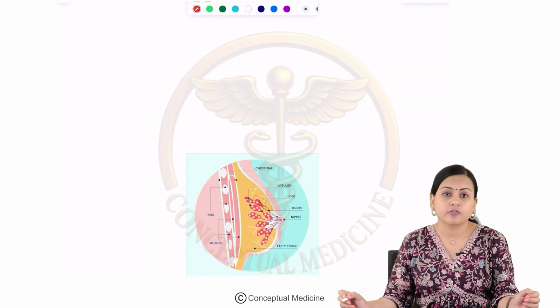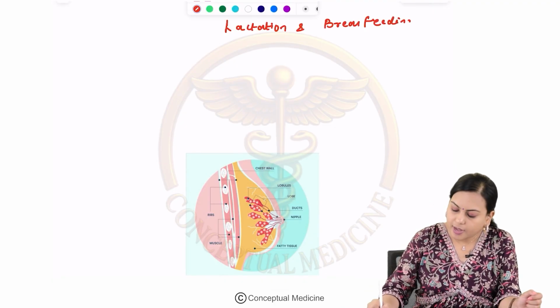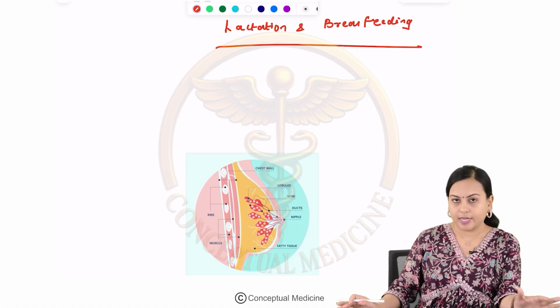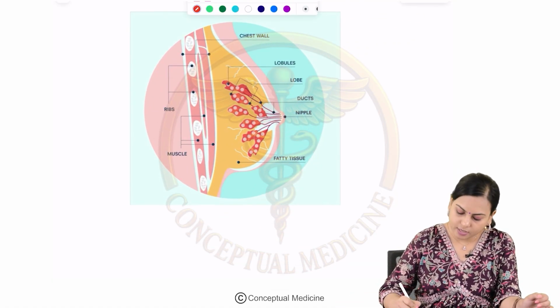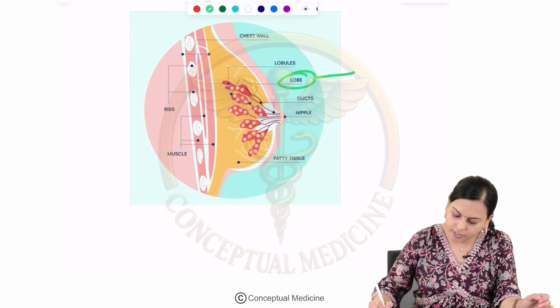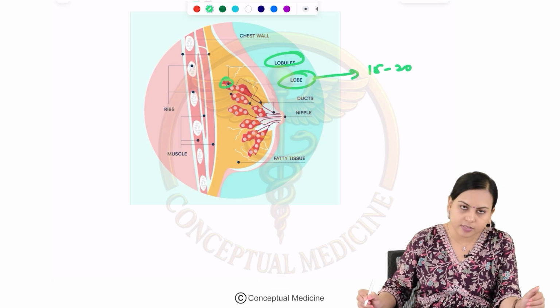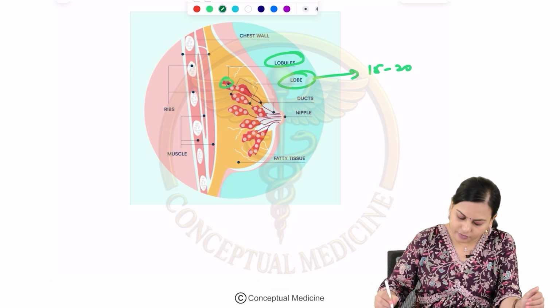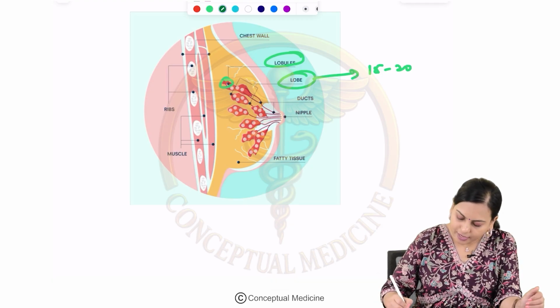In this video, we are going to discuss lactation and breastfeeding. Before starting with the actual topic, I want to recall the anatomy of the breast. This is the cross section of the breast. You can see that the breast consists of lobes, usually about 15 to 20 lobes, and inside the lobe you have lobules. In each lobule you will have alveoli.